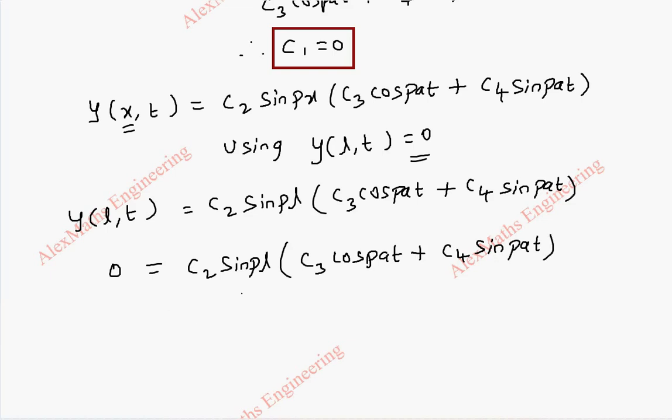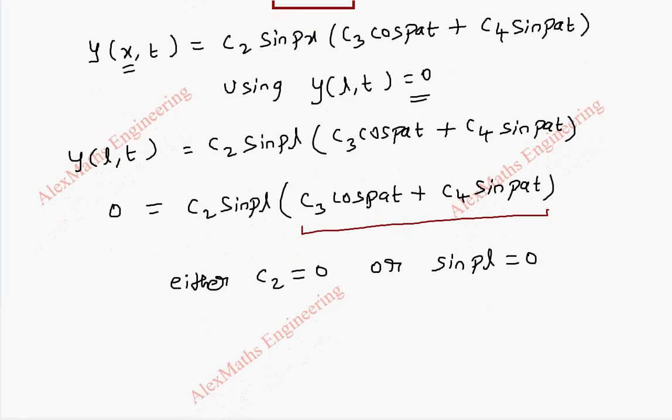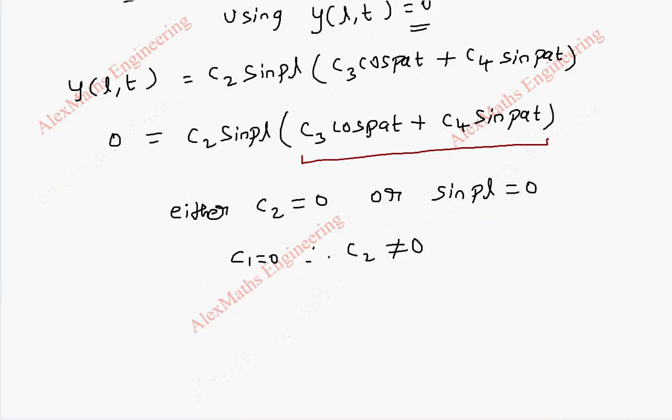When this is 0, definitely the last term cannot be 0, which we already discussed. So here either c2 equal to 0 or sin pL equal to 0. But c1 is already 0, so c2 cannot be 0, because both constants cannot be 0.